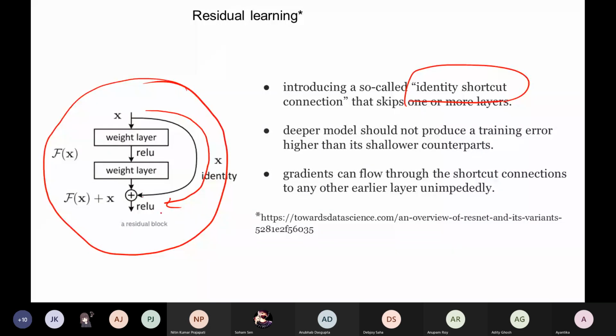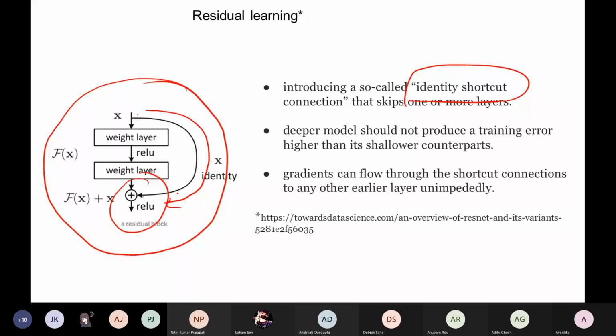So along with the weight and the activation function, whenever there is some degradation, when you pass this identity shortcut, you are boosting up this value here. And that is used to handle the vanishing gradient problem, where your values gradually vanish and become so small that they do not affect much in updating your weight. But here, you are bypassing this x value directly.